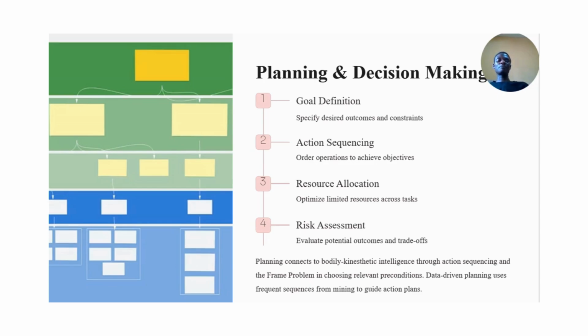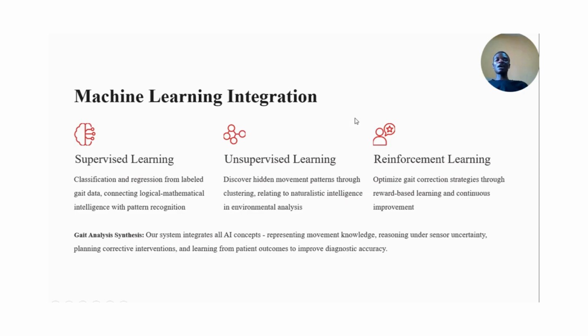So all these aspects connect to planning through action sequencing and the frame problem in choosing the relevant preconditions. Data-driven planning uses frequent sequences from mining to guide plans. Well, as we've been saying all the time.